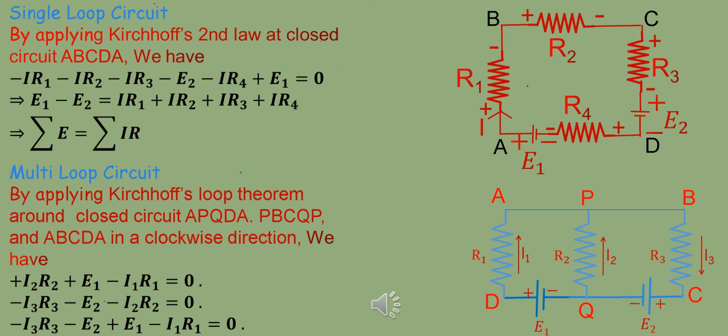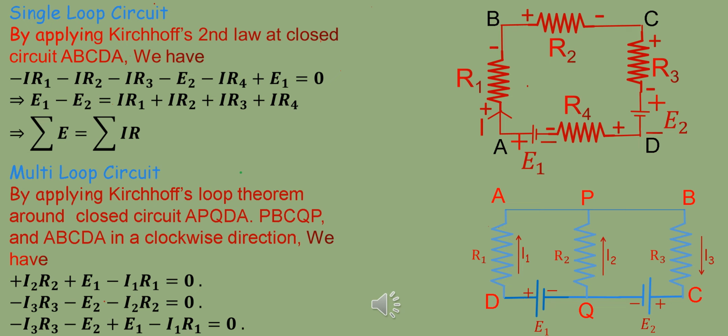And when we go from B to C, potential will fall and it is minus I3 R3. And when we go from the positive terminal of battery E2 to the negative terminal, potential will fall and this is minus E2. And when we go from the negative terminal to the positive terminal of battery E1, potential will rise and it is plus E1.